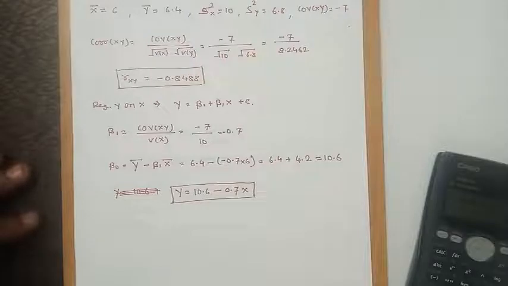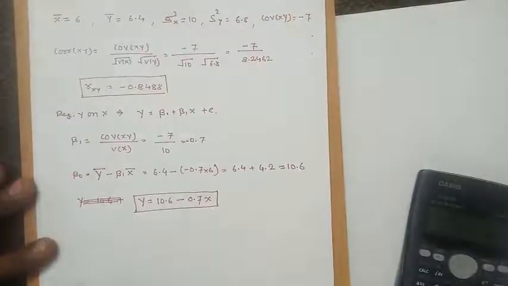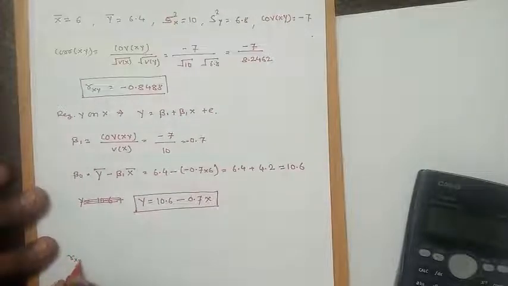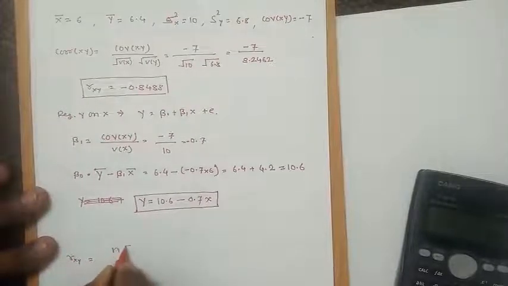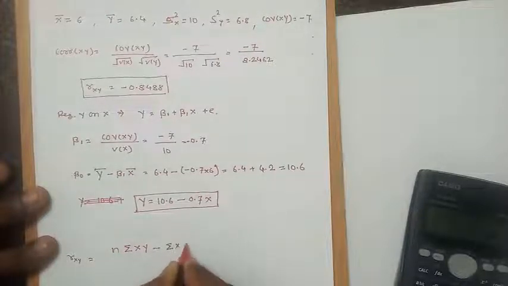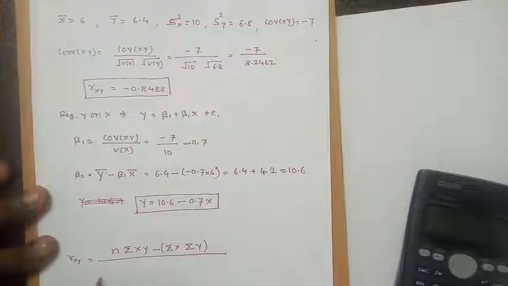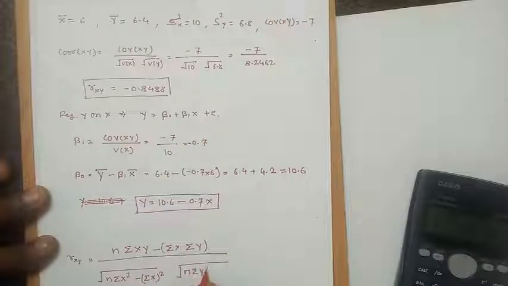Similarly, here we can also calculate the correlation using another formula, Rxy given as n summation xy minus summation x into summation y, whole divided by square root of n summation x square minus summation x whole square, n summation y square minus summation y whole square.